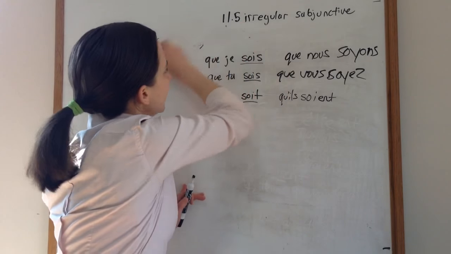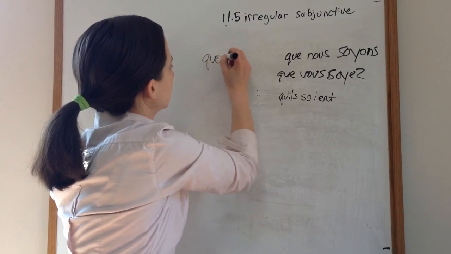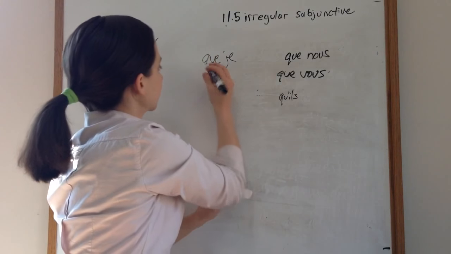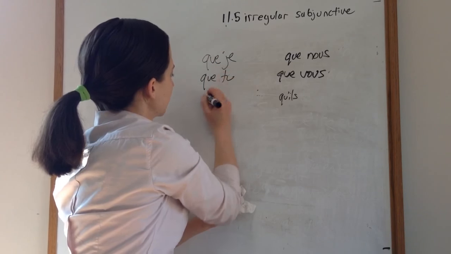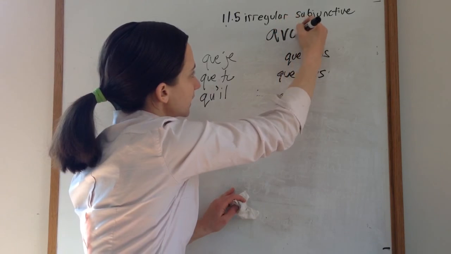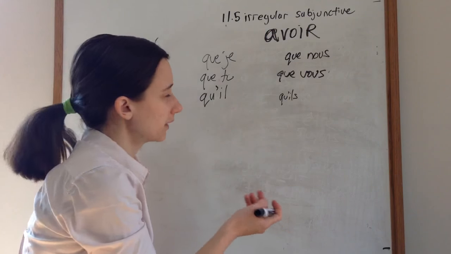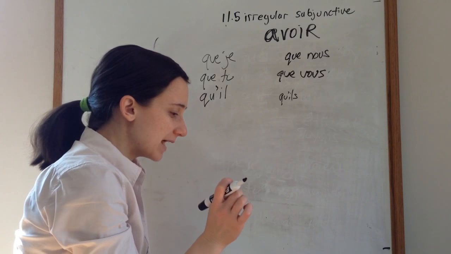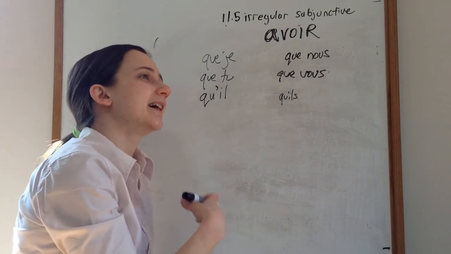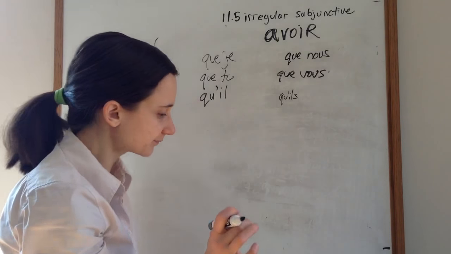Lastly, the other one that's often weird. Let's see if we can find any similarities. Okay. Of course, avoir. It's a little weirder. Somewhat similar to what you've seen before, and yet still different enough to be annoying.